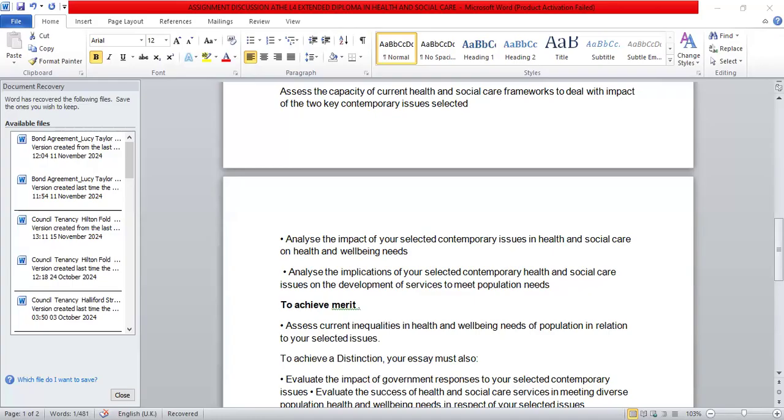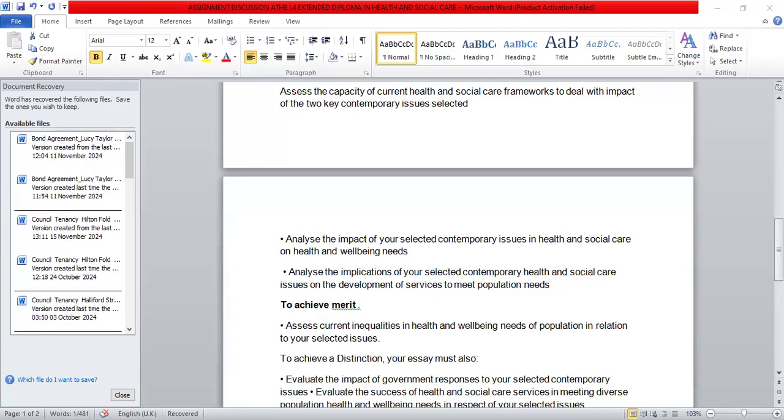In 2.2, we expect that you should be able to focus on two specific issues and analyze government and regulatory responses to this, looking at the government policy and initiatives and changes in legislation or regulation, for example.